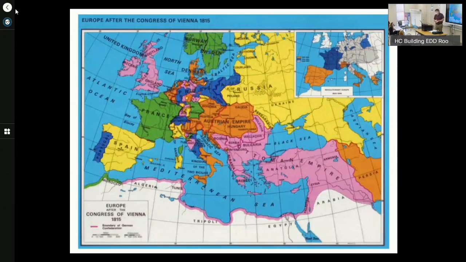Napoleon could have been the leader of any of the great powers of Europe, and roughly the same result could have occurred. And so it was not in the interest of the Congress of Vienna to punish France any more than it was in the interest of the Congress to benefit one of Napoleon's victims.